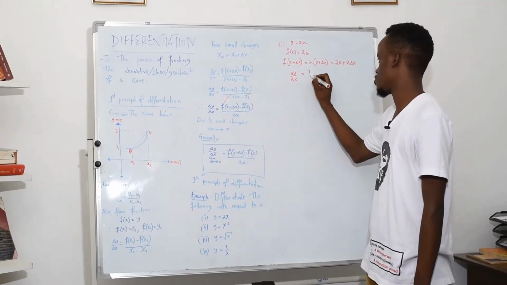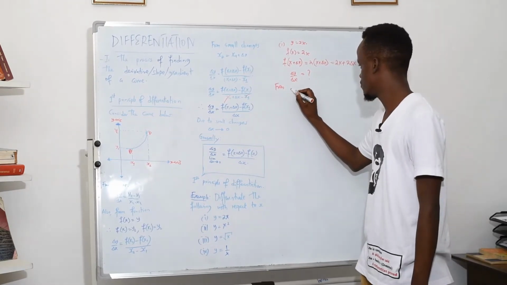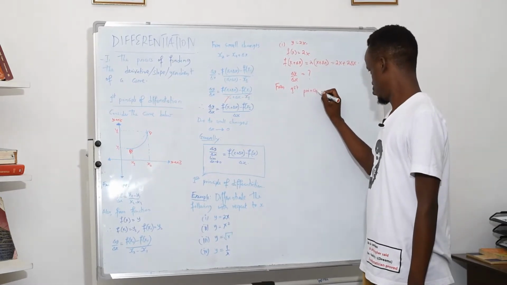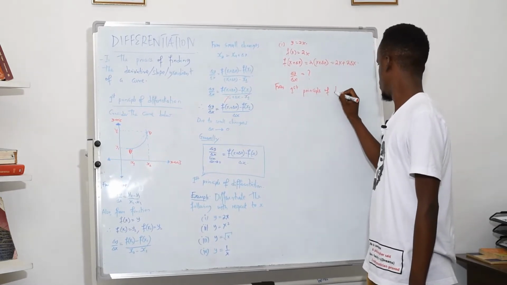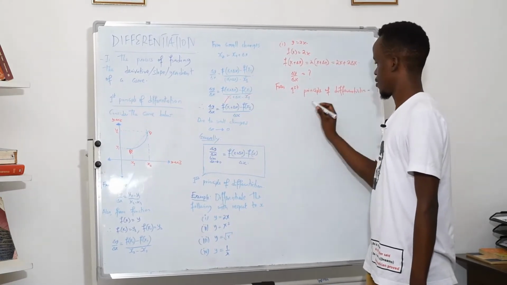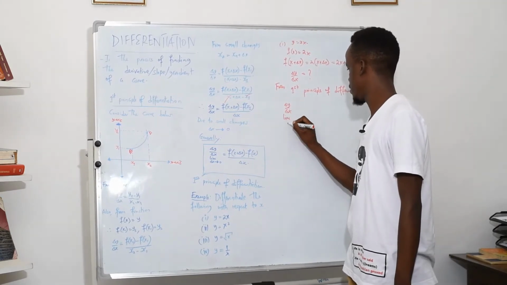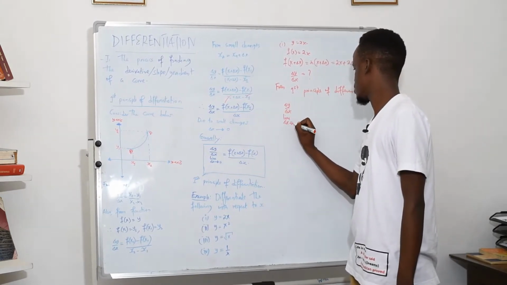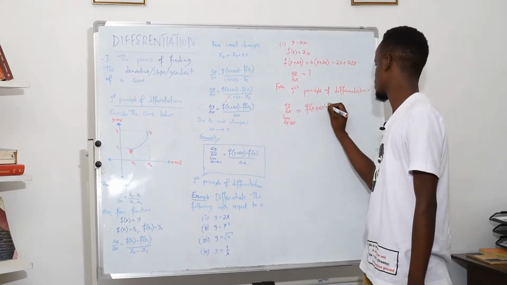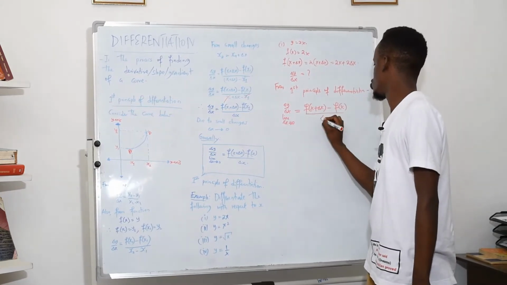Change in y over change in x equals how much? From the first principle of differentiation, change in y over change in x, under the limit as change in x approaches 0, equals f of x plus change in x minus f of x, then you divide by change in x.